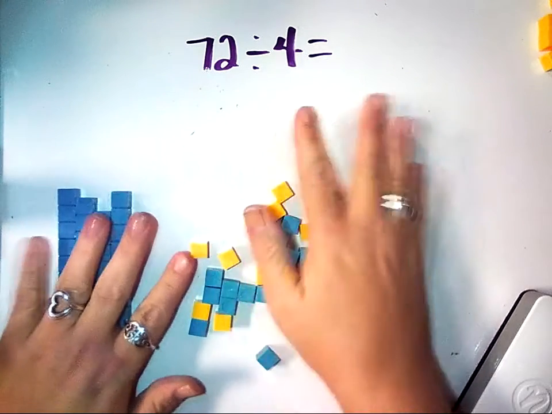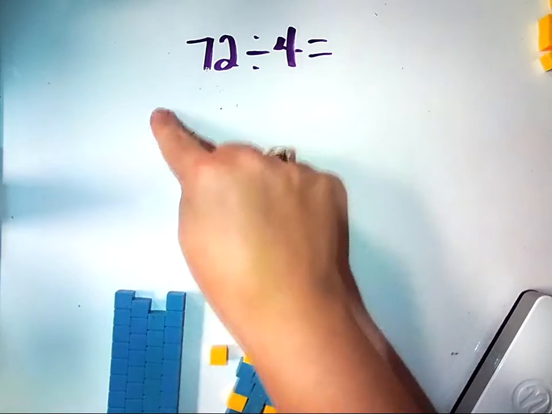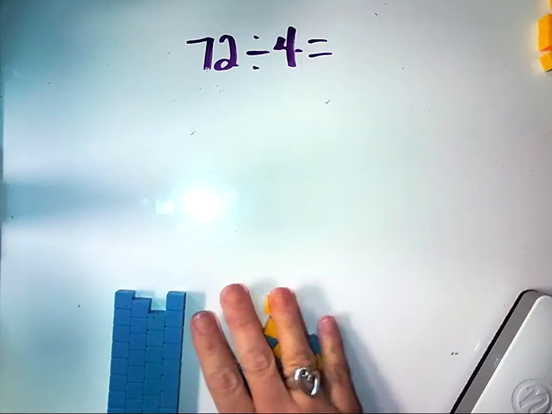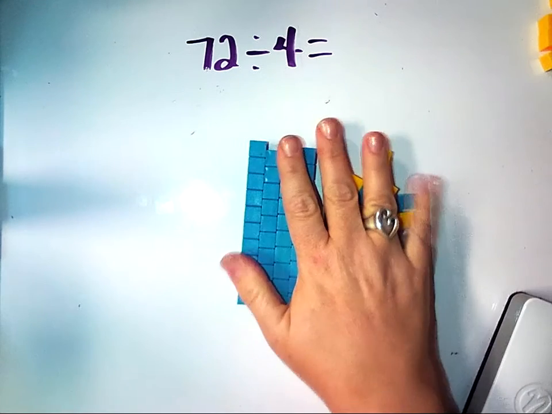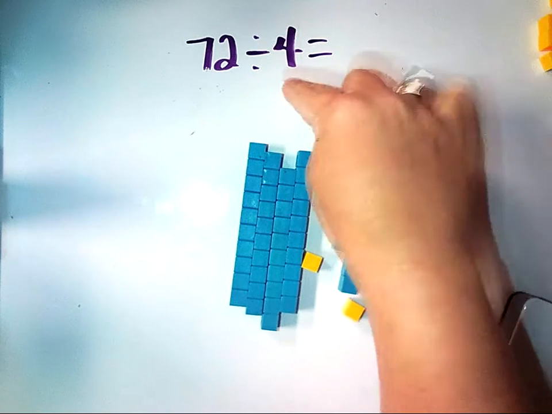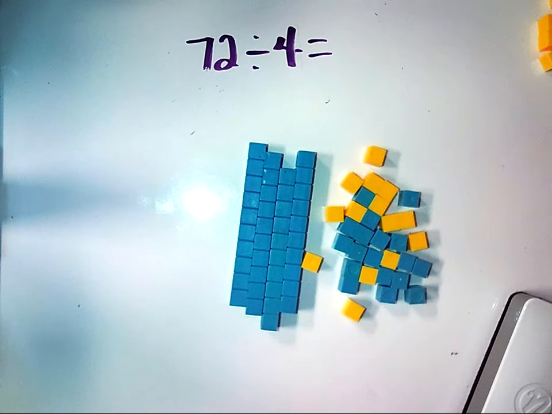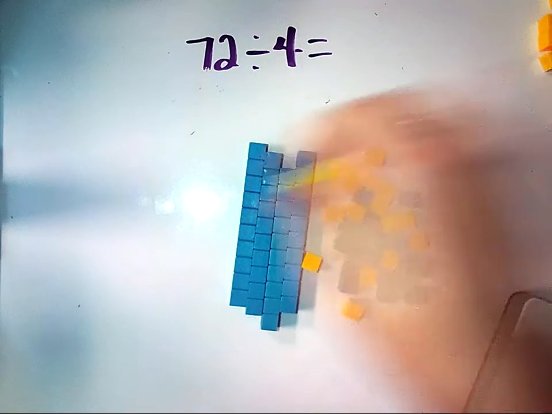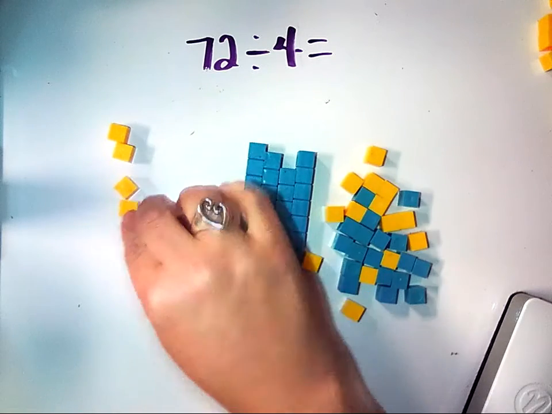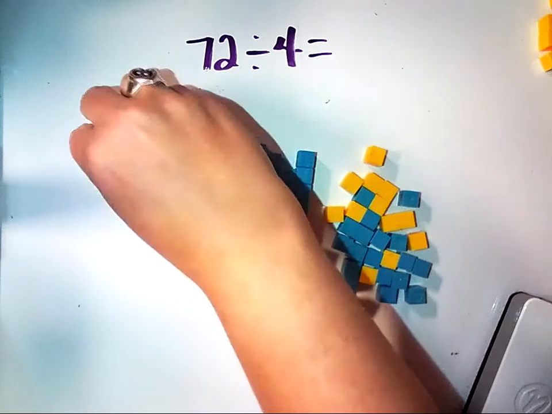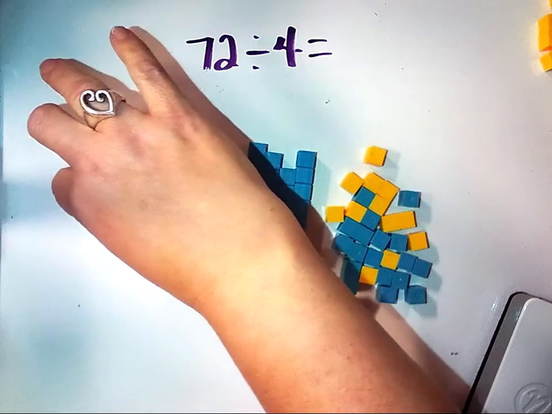So remember when we did it with multiplication, we did our 2 factors down. Well, with division, we start with the dividend and 1 factor. Our 1 factor here is 4. So I'm going to build my divisor here of 4.